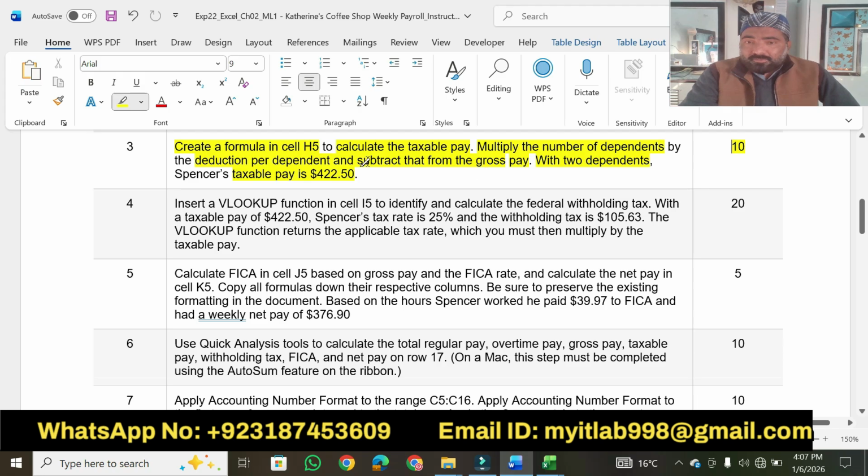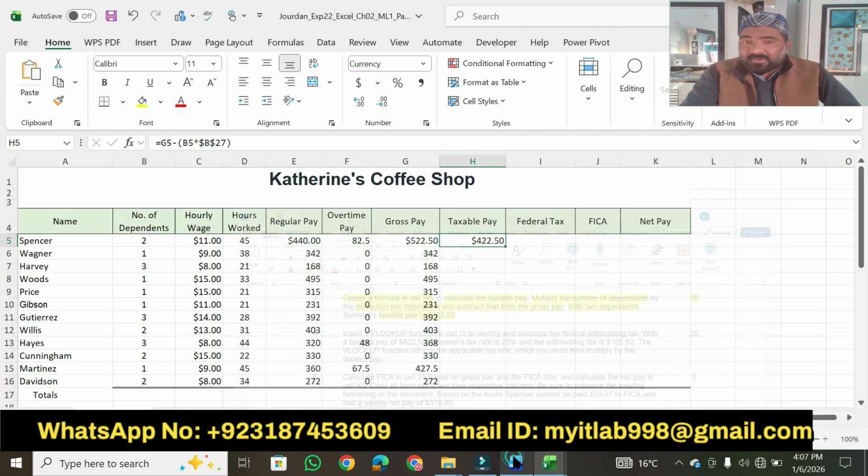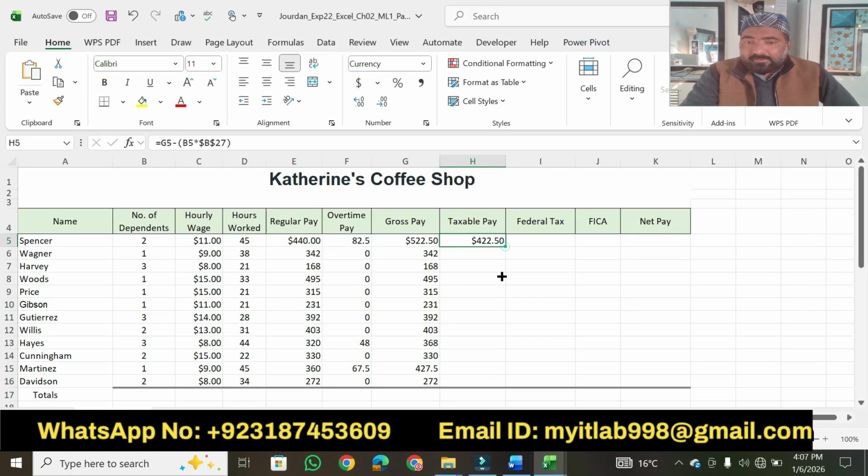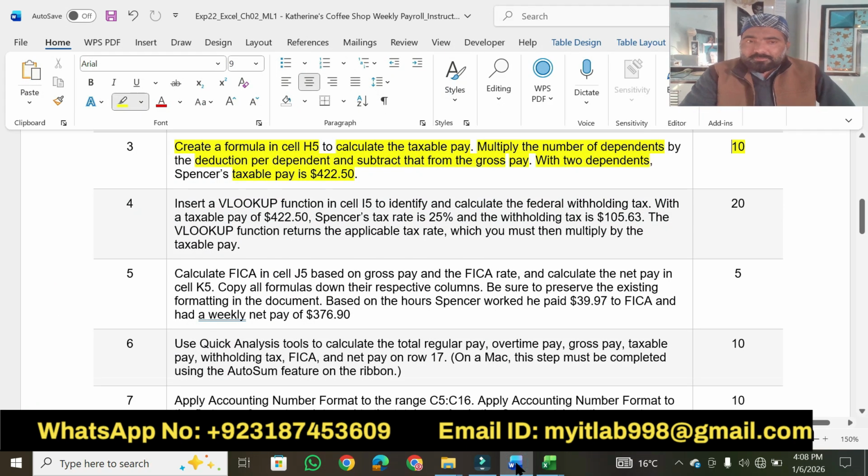They told us clearly that we will get the answer 422.50 and we have got that one. Now we have to fill that one here, this one.